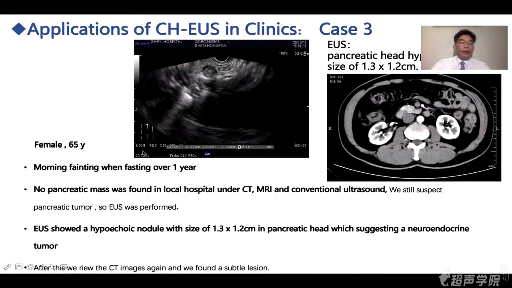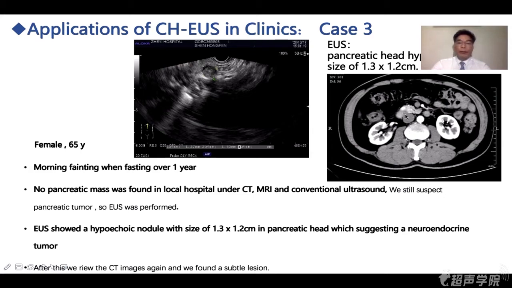Case 3. A 65-year-old female with morning fainting when fasting for over 1 year. No pancreatic mass was found in CT, MRI, and conventional ultrasound, but the doctor still suspected pancreatic tumor, so EUS was performed. EUS showed a hypoechoic nodule in the pancreatic head, suggesting a neuroendocrine tumor.